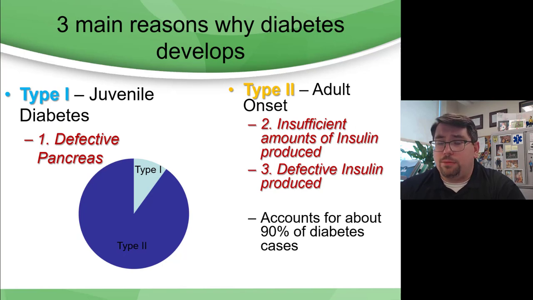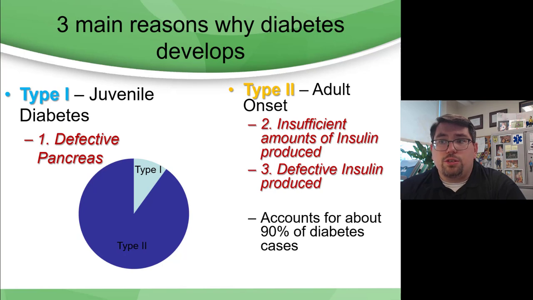So if it's not releasing insulin, these individuals cannot begin to break down and utilize glucose. And so we find that oftentimes early onset of hyperglycemia or diabetic ketoacidosis is very common with juvenile onset type 1 diabetes. We also know that these individuals are dependent on external sources of insulin in order to control that.